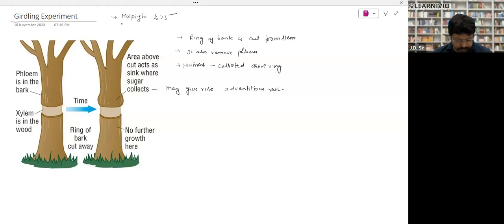The root will not get the food. Full stop. Killing of root cells shall kill the plant.